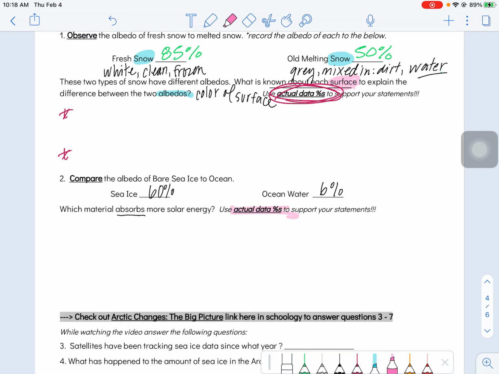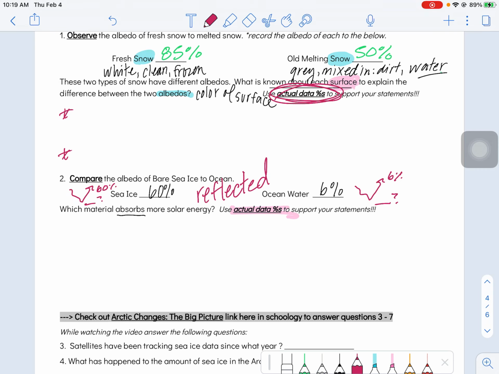So again, a reminder, this number here is the albedo, or how much solar energy is being reflected. So if sea ice is reflecting 60%, what do we know about the amount it's absorbing? And same question with ocean water. If it's reflecting 6%, what do we know about how much it's absorbing?